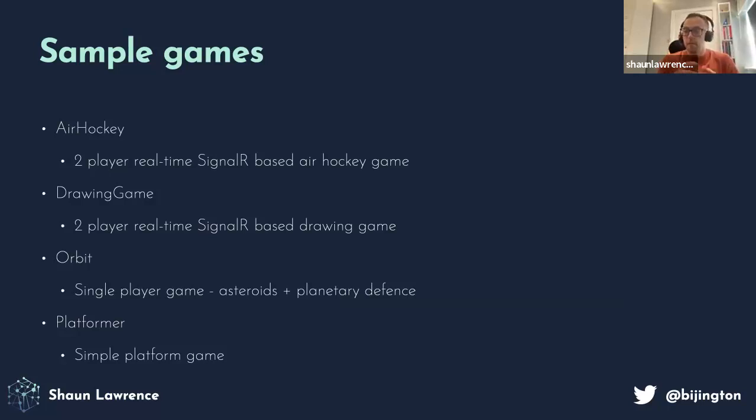The .NET Orbit game engine repository up on GitHub actually ships with a couple of sample applications. So there's two SignalR based games, one to build a two-player real-time air hockey game. The drawing game, I'm not sure it's two players, probably multiplayer. So one person can draw, multiple people can guess. Then there's Orbit, which is actually the original inspiration for this engine.